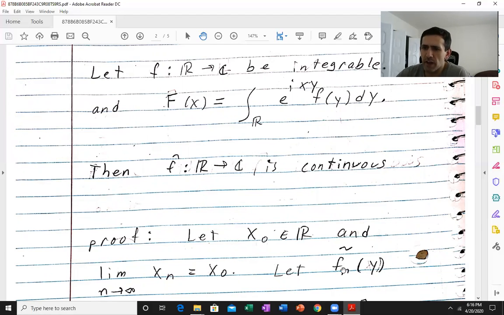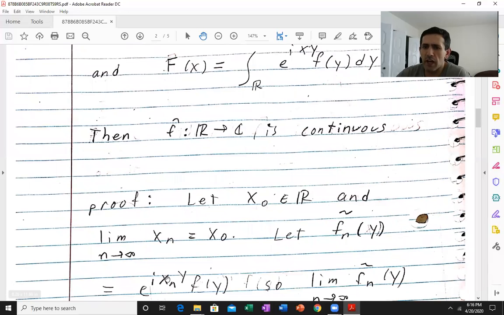Let's say f_n tilde of y is e to the i x_n y times f of y. So the point here is that you'll notice that f hat of x_n is just the integral of f_n tilde of y dy.